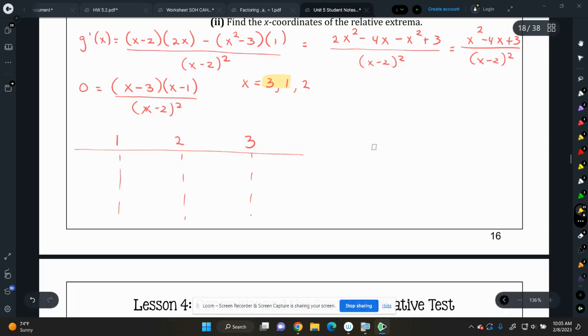Okay. So when we do this, we're going to find that g prime of x will be positive here. I'm just saving us some time. It'll be negative here. It'll be negative between 2 and 3, and it'll be positive here. So g of x is going to do this.